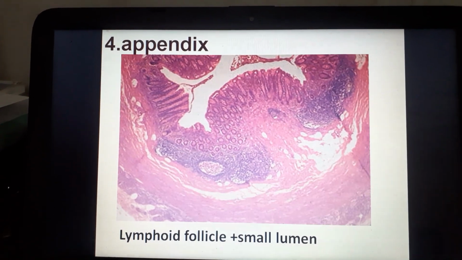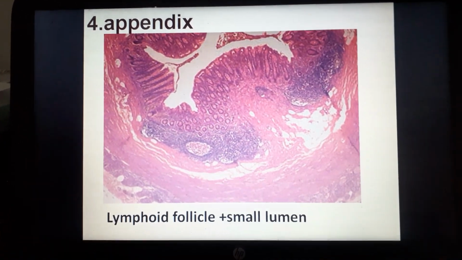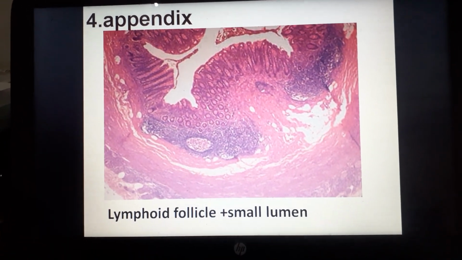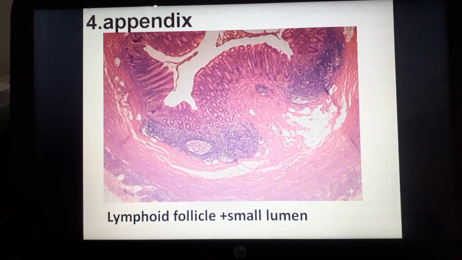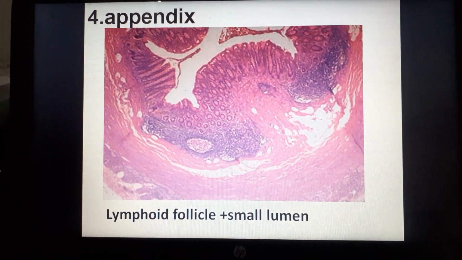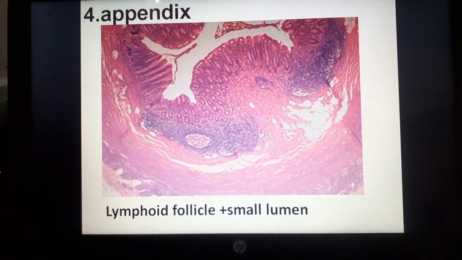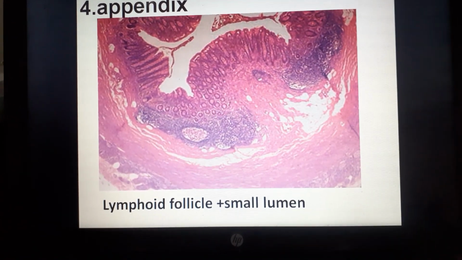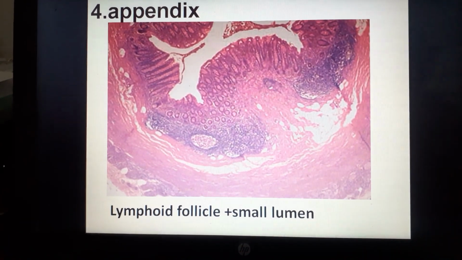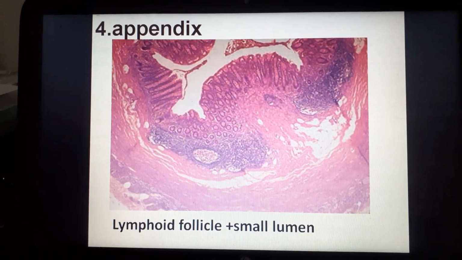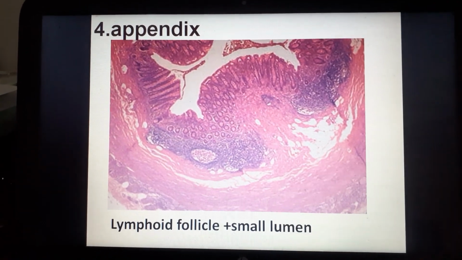This small lumen sometimes gives a resemblance to the crypts of tonsil, but here the lymphoid follicle is deep seated, whereas in tonsil the lymphoid follicle is arranged by the side of crypt.